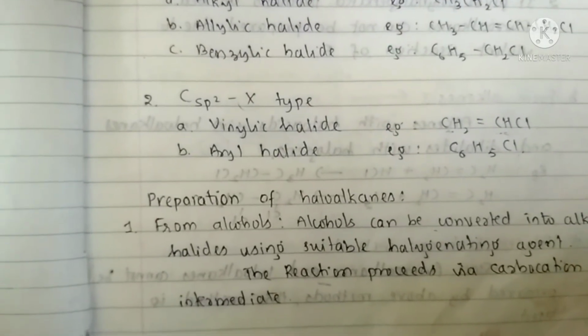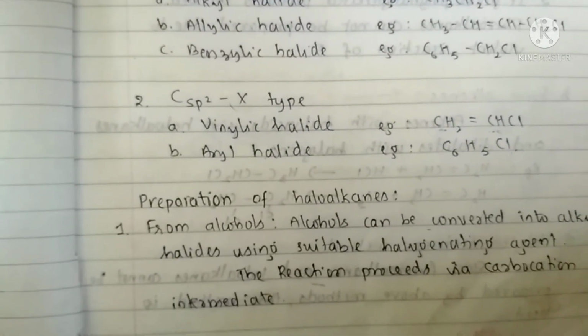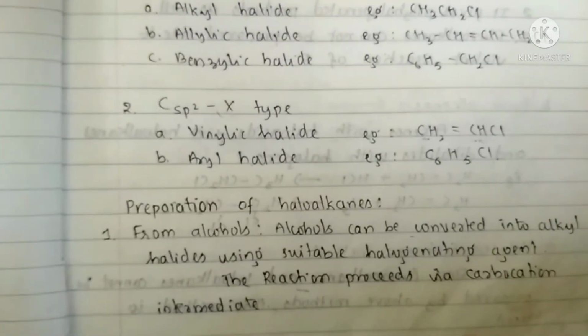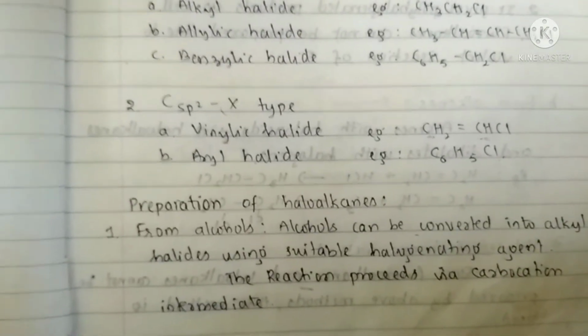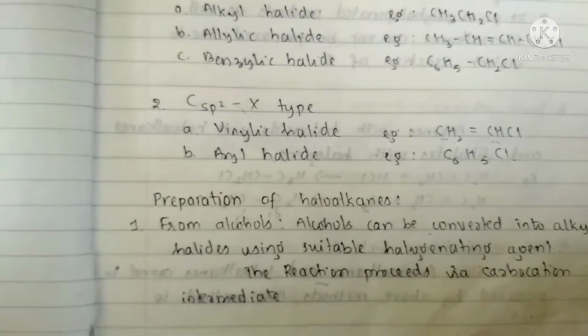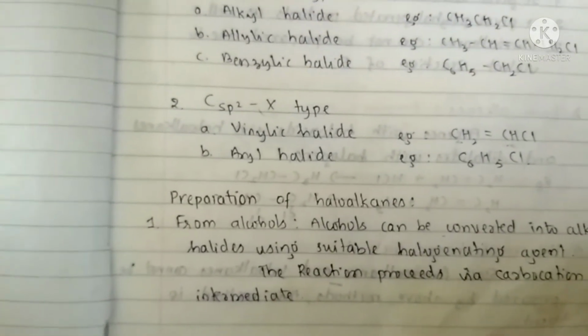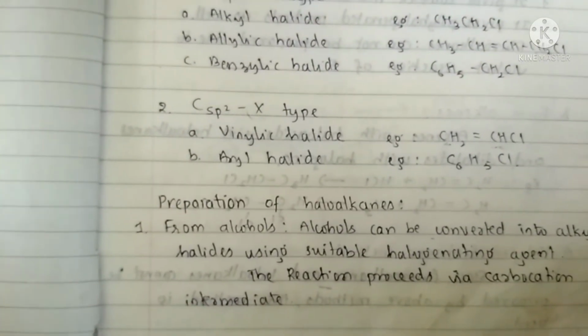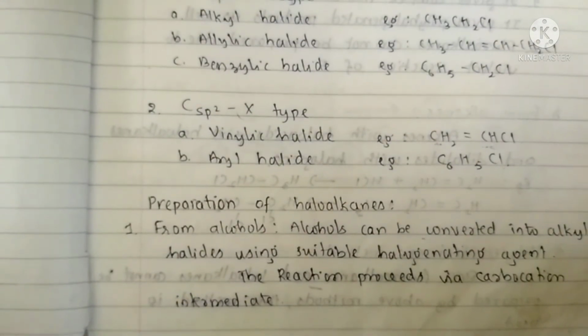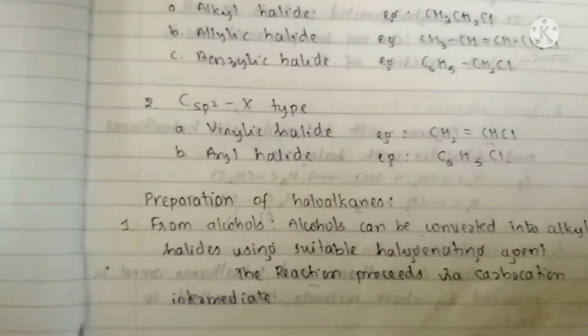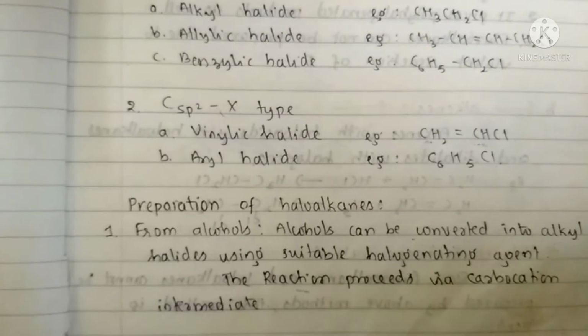Haloalkanes can be synthesized from alcohols. These alcohols can be converted into alkyl halides by using suitable halogenating agents. Generally, the reaction proceeds via a carbocation intermediate. You have already learnt in class 11 what carbocation intermediates are.